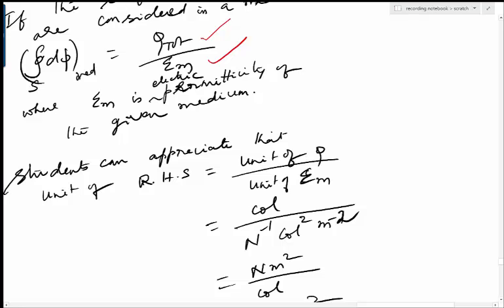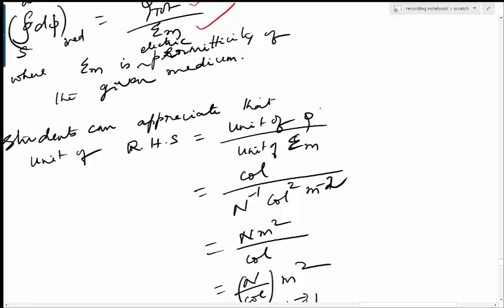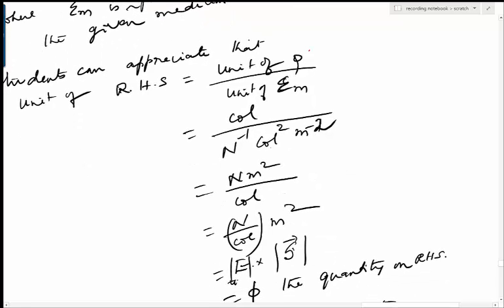Students can appreciate that the unit of the RHS is the unit of q by the unit of epsilon m. So it will be Coulomb, and epsilon m is Newton power minus 1, Coulomb square and meter power minus 2. So Newton can be pushed out, Coulomb square will cancel.